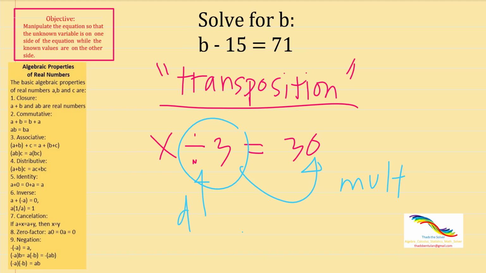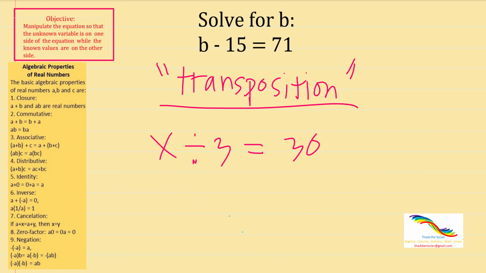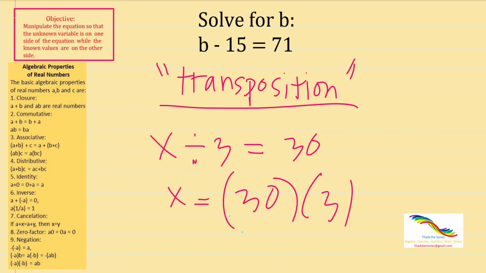This is division, this is multiplication. So in effect, when you transpose, this will be now x equals 30 times 3. See? Just try to include this in a parenthesis, because it's the entire thing that you're going to multiply.